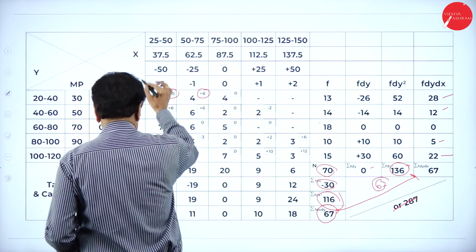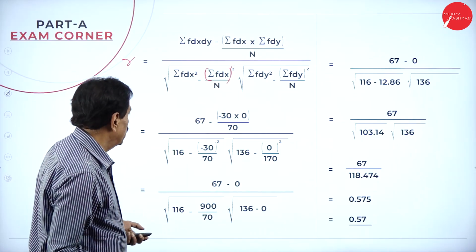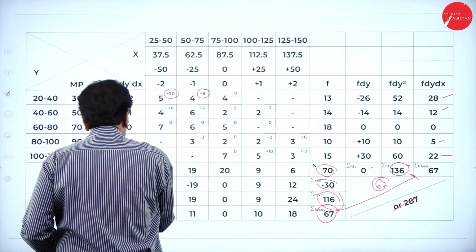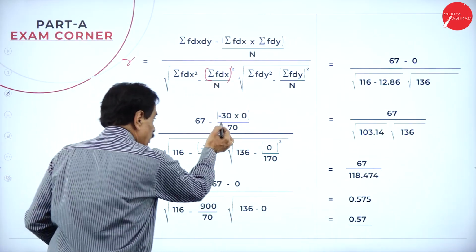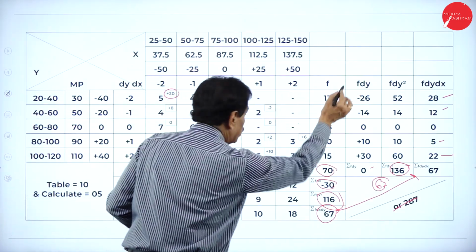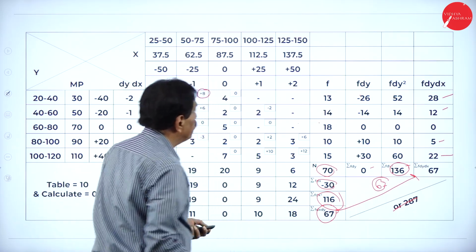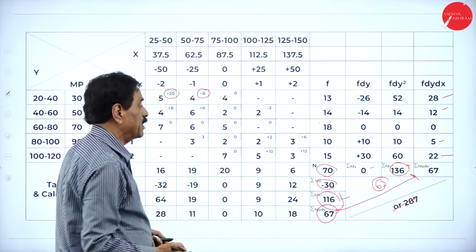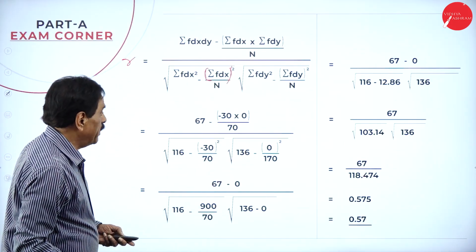Then you get minus sigma f dx. If you see, your sigma f dx is minus 30. Come back, sigma f dy is 0, divided by number of frequency, 10, divided by root of sigma f dx square. If you go with the f dx square, it is 116. f dx square is 116 minus 30 whole square divided by 10 into root of f dy square.